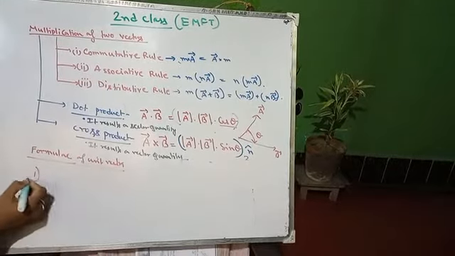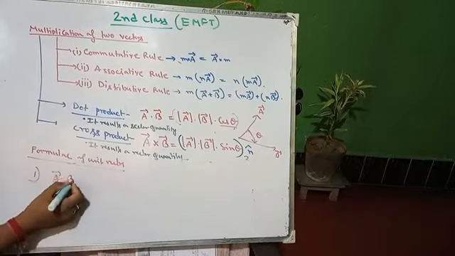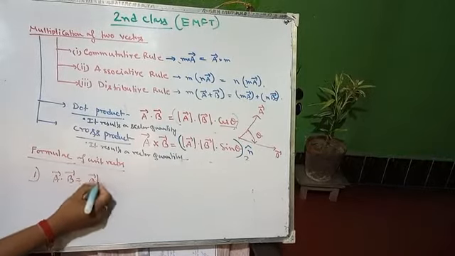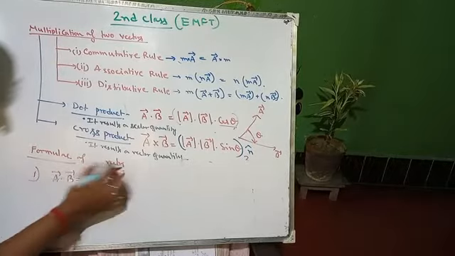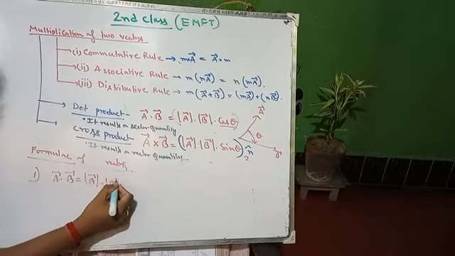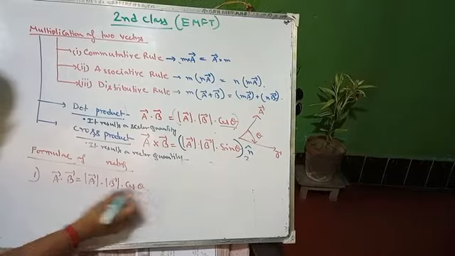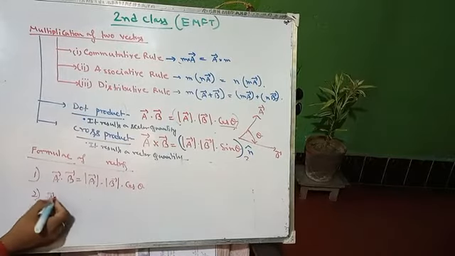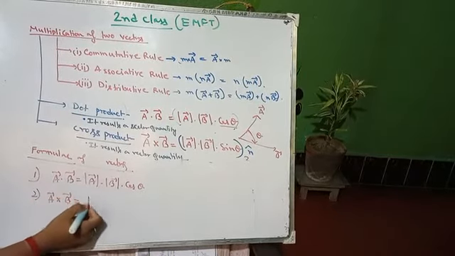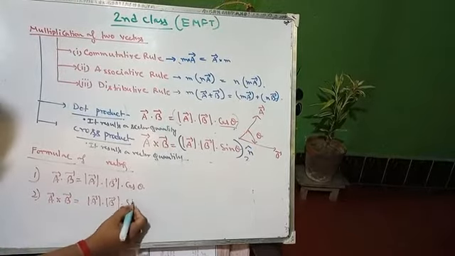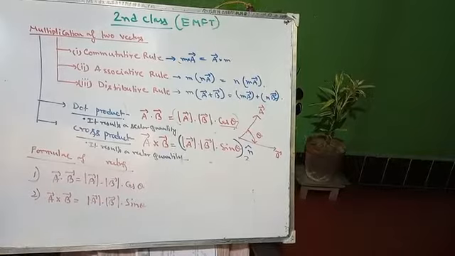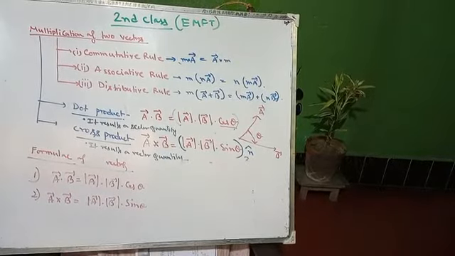First formula: A dot B equals modulus of A, modulus of B cos theta. These are formulae for vectors, not unit vectors. And second one: A cross B equals modulus of A, modulus of B sin theta. So what do we mean by the concept of cos theta and sin theta?